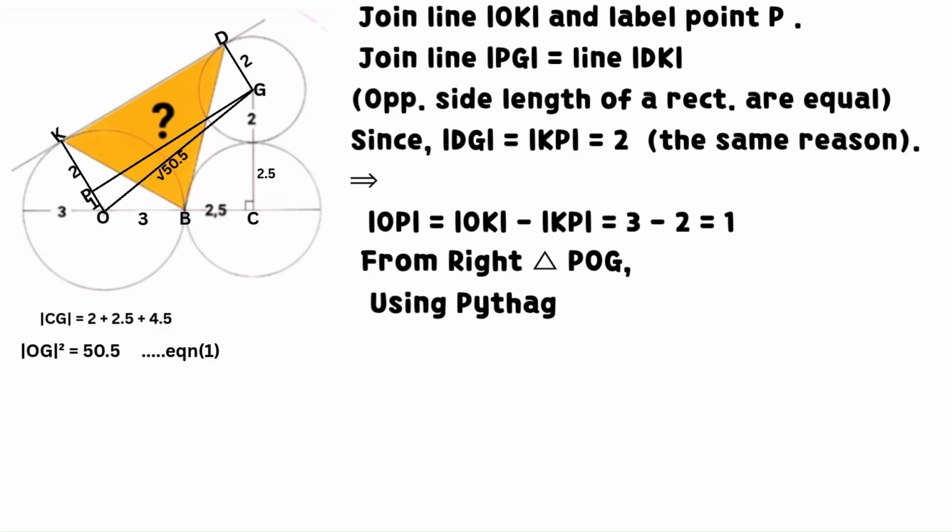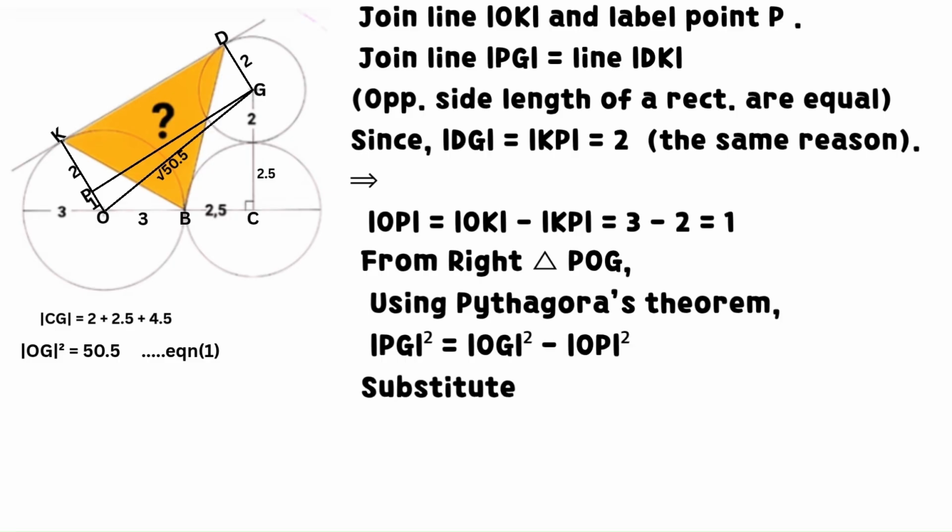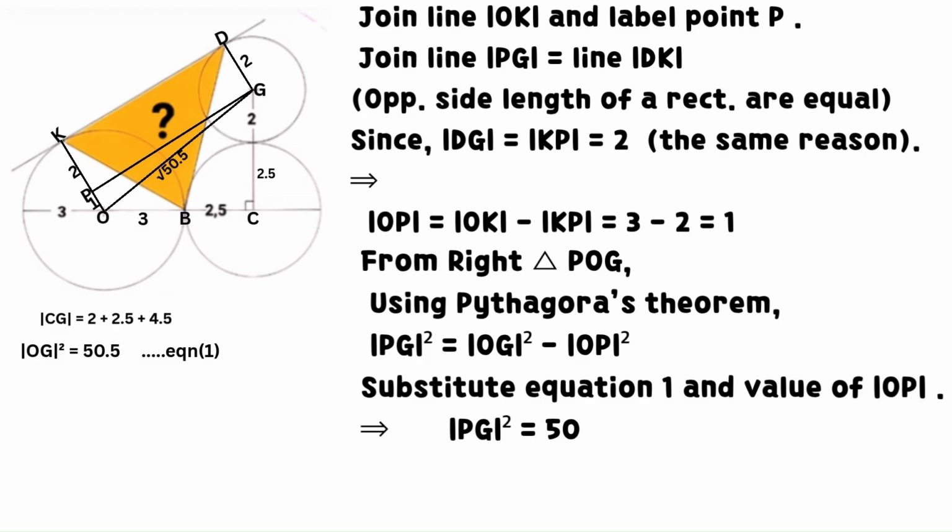From right triangle POG, using Pythagoras' theorem, the square of line PG equals the square of line OG minus the square of line OP. Substitute equation 1 and the value of line OP. This implies that the square of line PG equals 50.5 minus the square of 1, which equals 49.5.